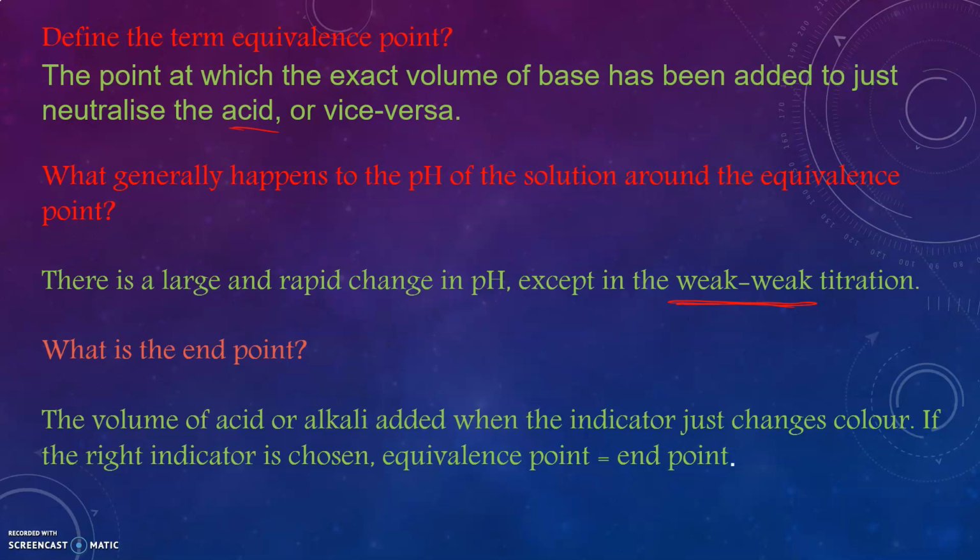Okay, for a titration reaction, there is an end point. What is the meaning of end point? At the end point, the volume of acid or alkali added, if you're adding an acid or an alkali, is when an indicator just changes the color. So in a titration reaction, we know that this is a reaction between acid and base.